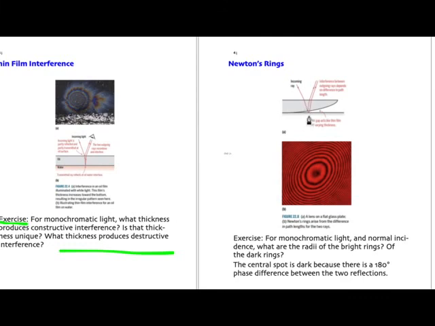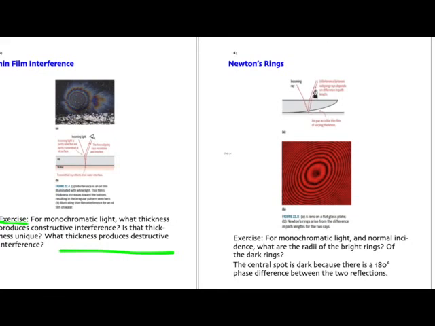Here you have a reflection of light that comes from air onto glass. They'll have a 180-degree difference in their phase. So if the path difference were one wavelength, that would be a dark ring, because the two paths would be 180 degrees out of phase.